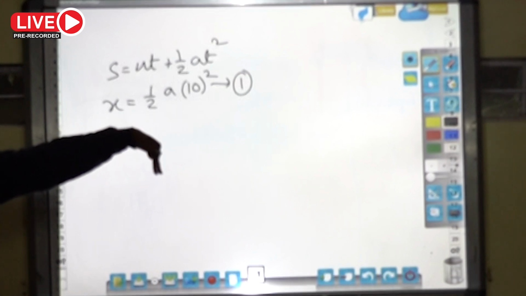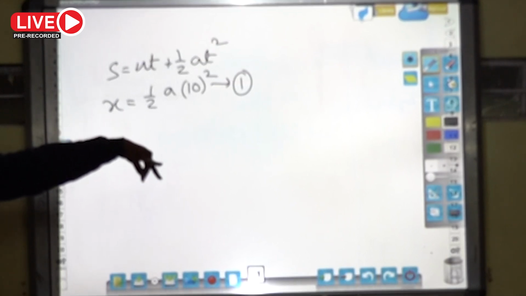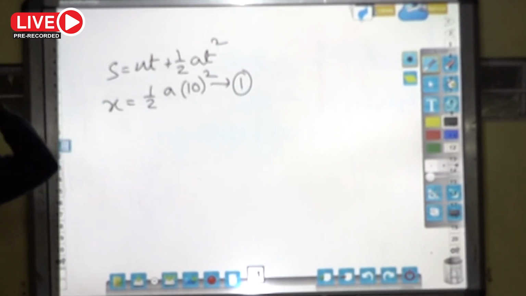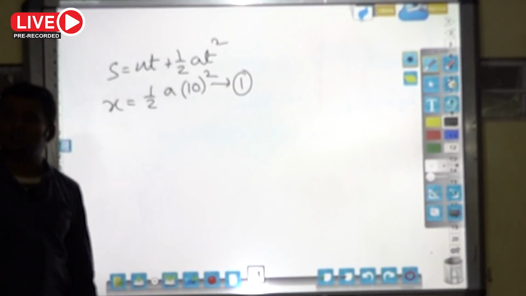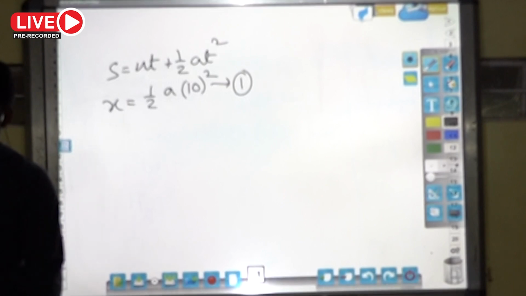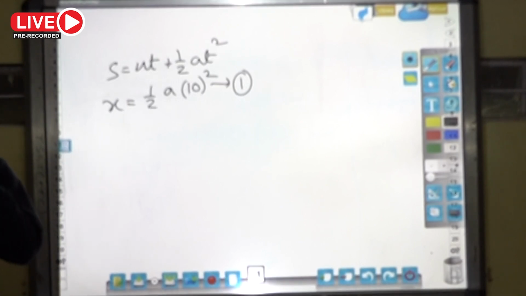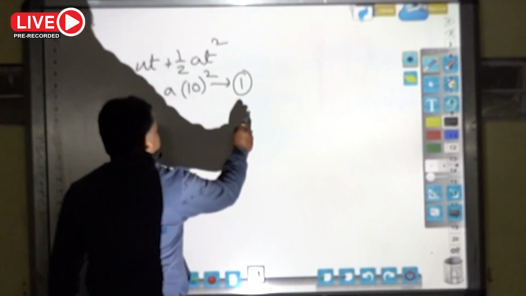After the first 10 seconds it acquires some velocity, so for the second 10 seconds you cannot put u equal to 0 if you calculate it for the 10 seconds only. So we will do a different thing.